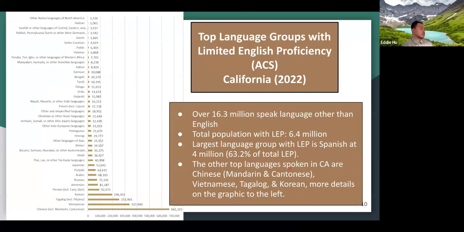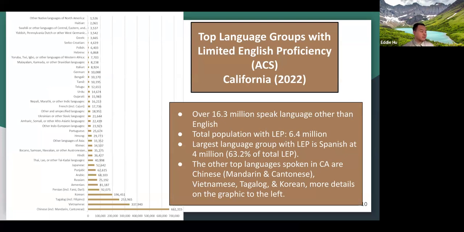And here is some data on the top language groups with LEP according to the 2022 American Community Survey. These are the California stats. The stats might be a little bit small, so we listed them out in the second box to let you know.